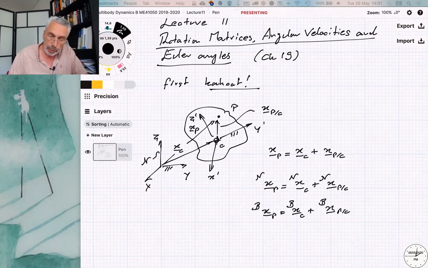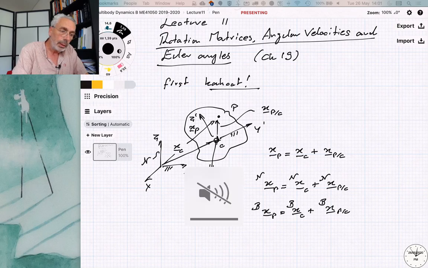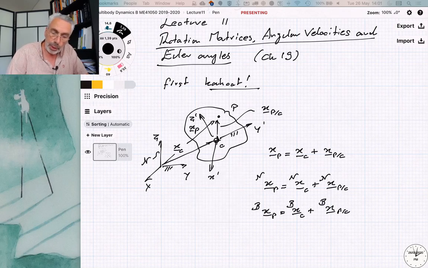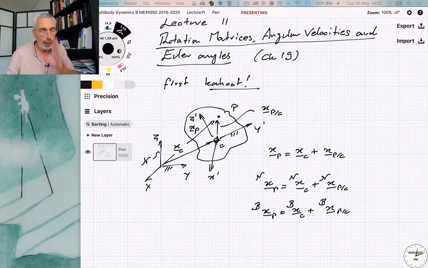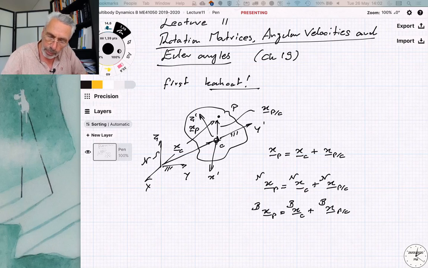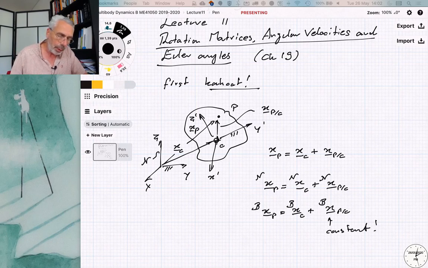Well, there is one big advantage, and that is that this quantity is a constant. Because the position of point P within the body, if I express that in that coordinate system, is constant. Like I said last week, the position of my nose within my head is hopefully always the same. If I was a rigid body, it's always up front, in the middle, right? If I were flexible, it would change a little bit, but if I move my head and I don't touch my nose, it will always stay in the same position. So this is constant, and that is an important thing.